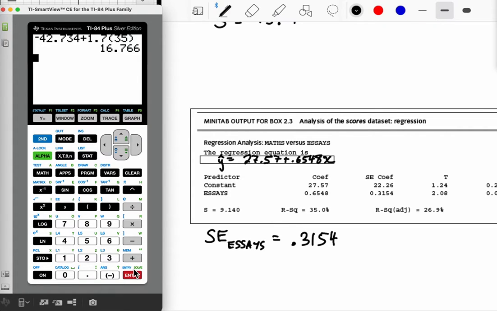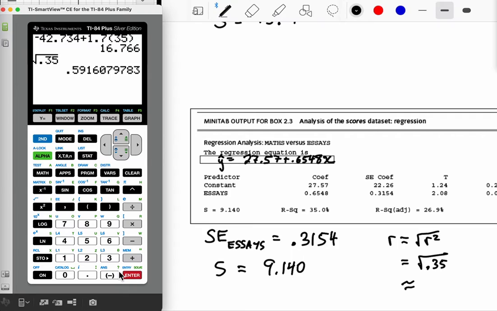S, standard error of the residuals, 9.140. But again, the correlation coefficient R is the square root of R squared. So the square root of 0.35. We'd have to go with an estimate here, and that's fine. That's all we can do. So about 0.592.